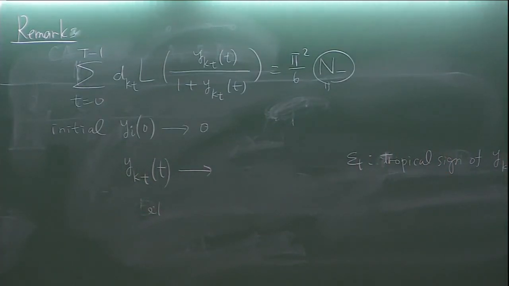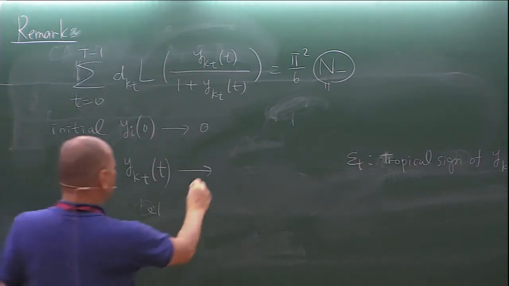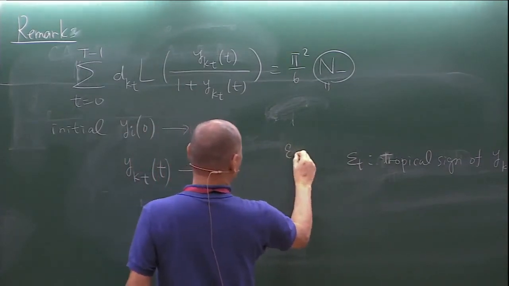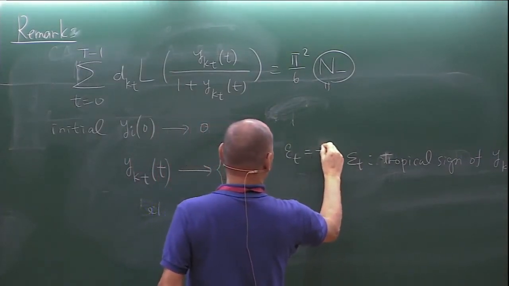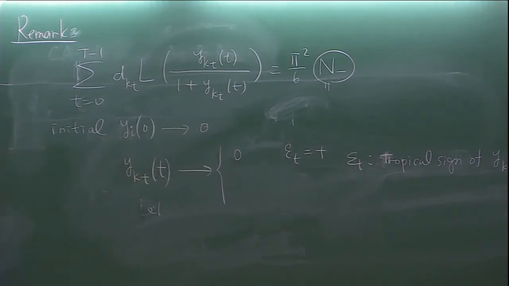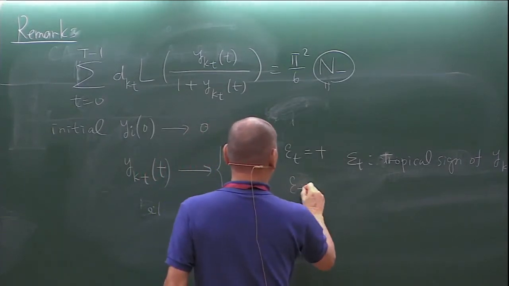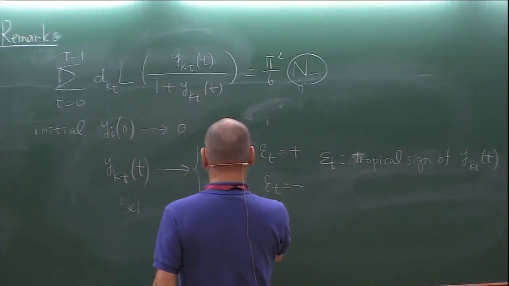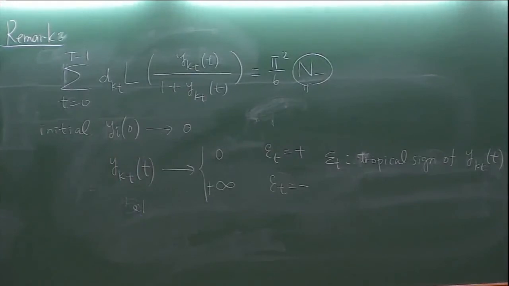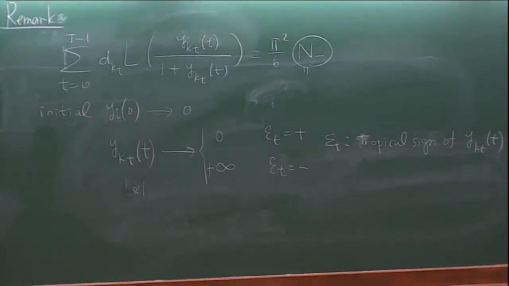Then you can calculate the C matrix, and this is exactly the sign. Depending on your sign, if it is plus, then it goes to 0. On the other hand, if it is a minus sign, it goes to plus infinity, due to this singularity.